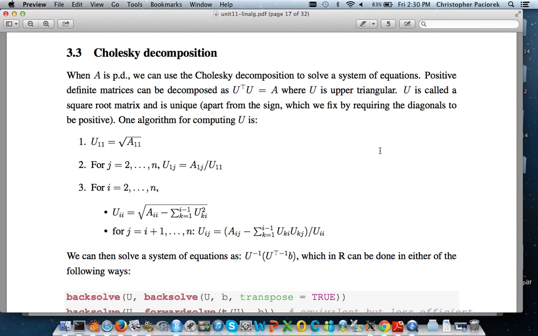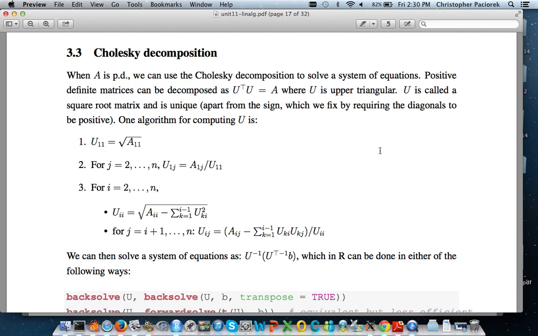It's not going to be hard to see that I can generalize this to be U1j is A1j over U11. So if I just redo this as a for loop, that's going to give me all of these values here.